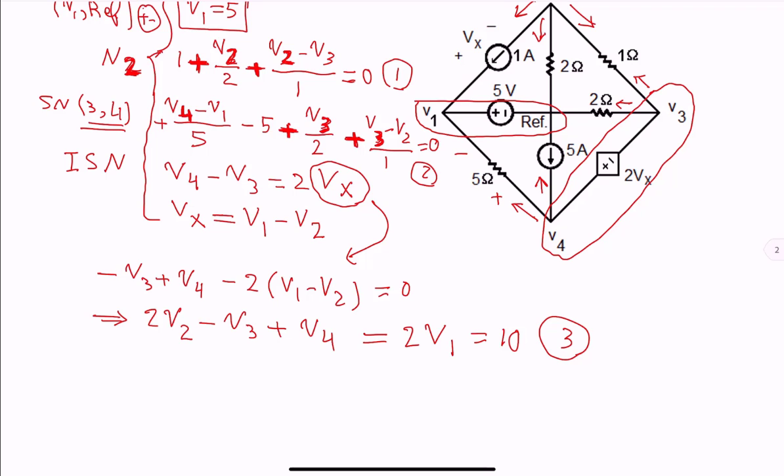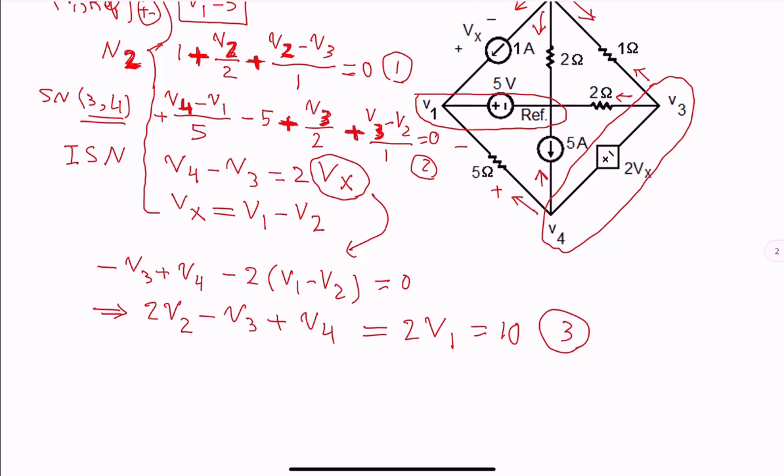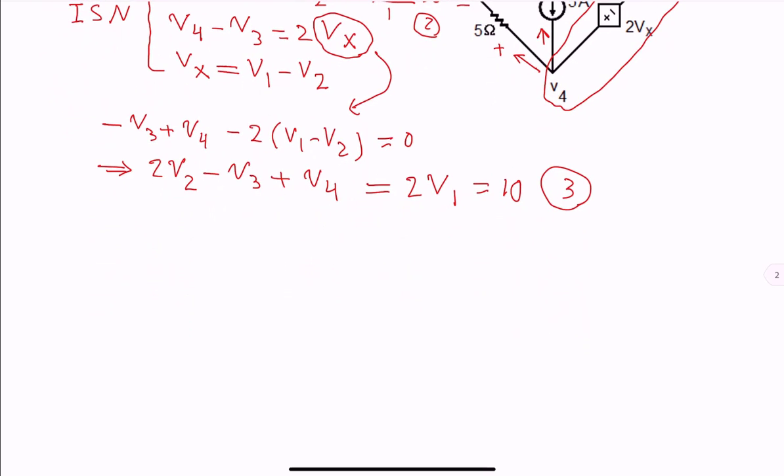We have equations 1, 2, and 3. Let's simplify those and write them next to each other. First equation gives us 1.5 V2 minus V3 equal to -1. So that's our equation 1.